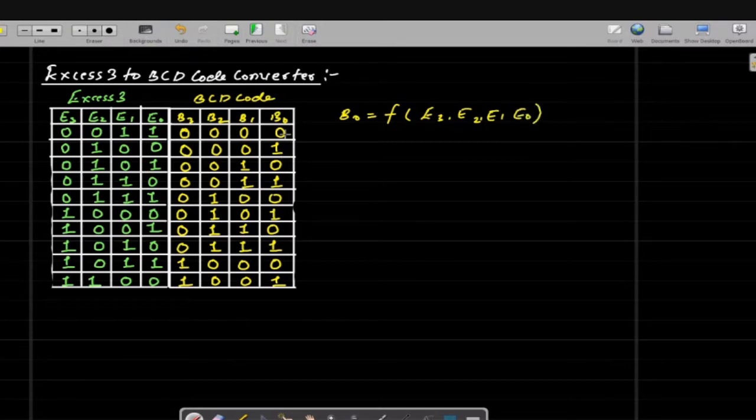And we will consider it again in the same way as we analyzed previously, but keeping in consideration that now we are going to write the Boolean expression for B0.